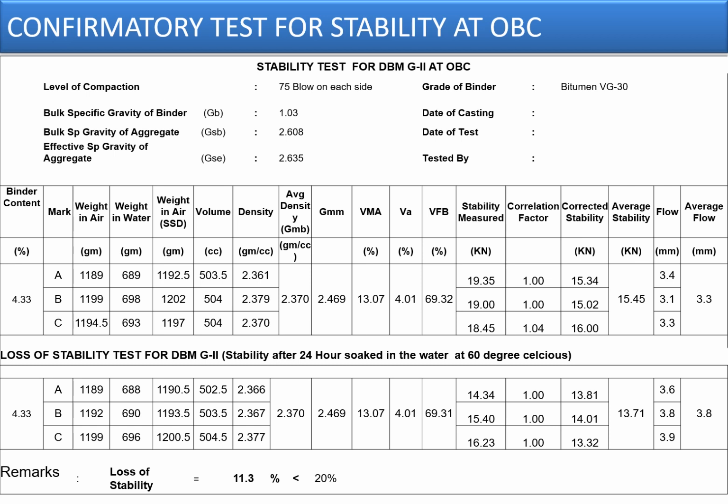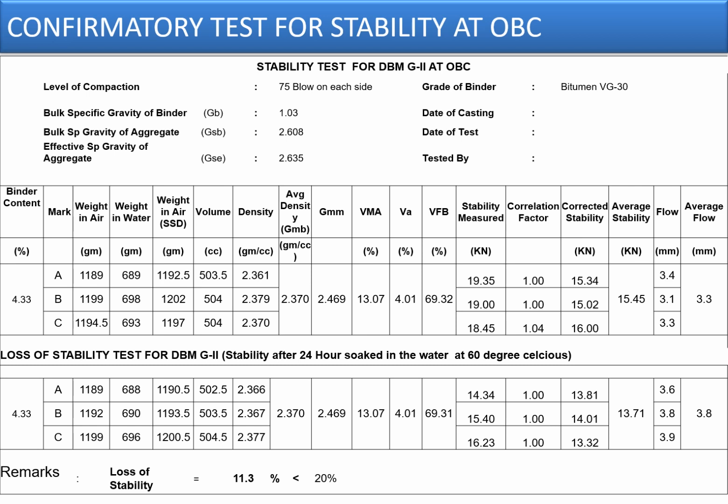So if these values, which are the actual values tested at optimum binder content, are meeting the requirements which were interpolated using the Marshall test report, where you have changed the bitumen content, that means your optimum binder content is perfect and you can continue working with this optimum binder content.